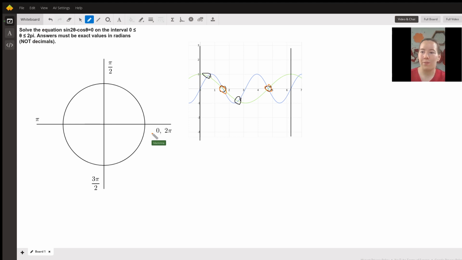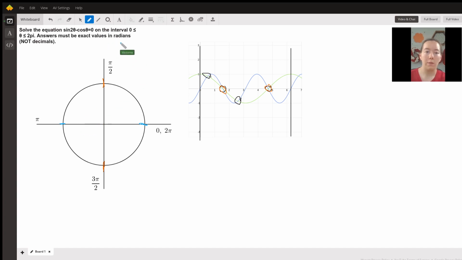from memorization, basically, that cosine of theta is equal to 0 on the vertical axis, where x equals 0 on our unit circle. And so cosine equals 0 at pi over 2 and 3 pi over 2. We know that sine of theta equals 0 at 0 and 2 pi, and also at pi, where y equals 0.